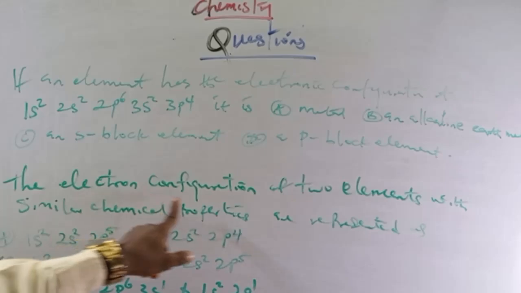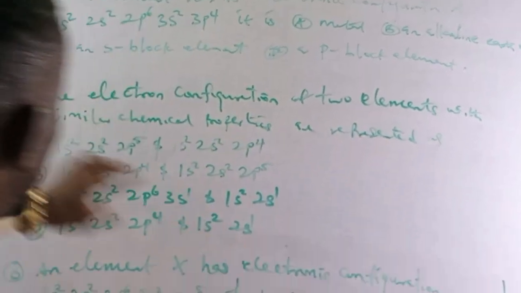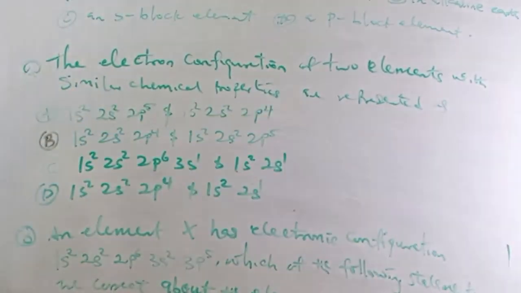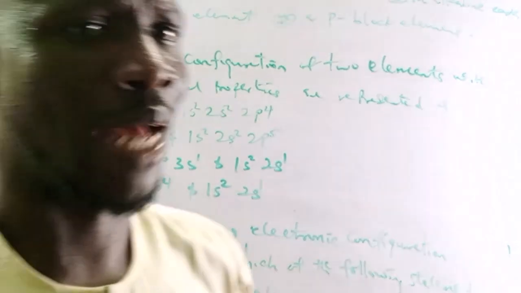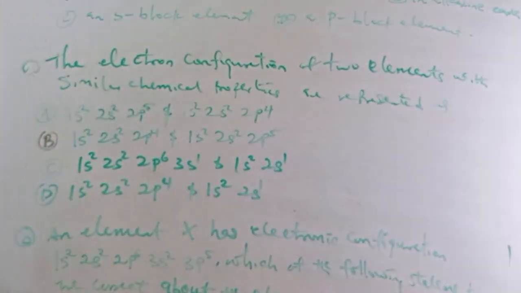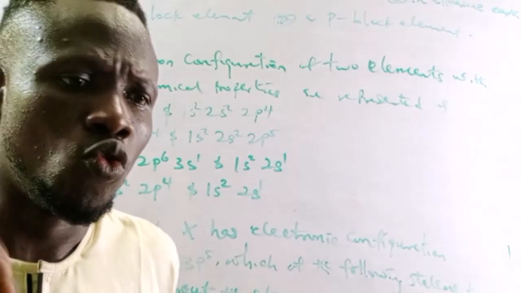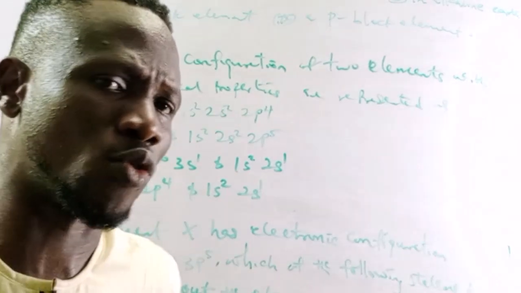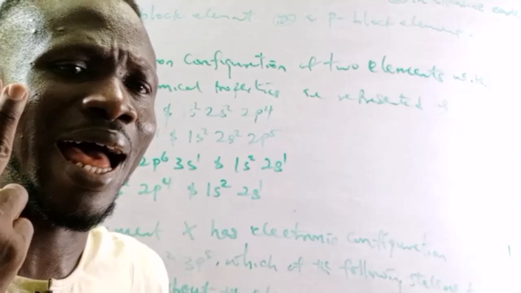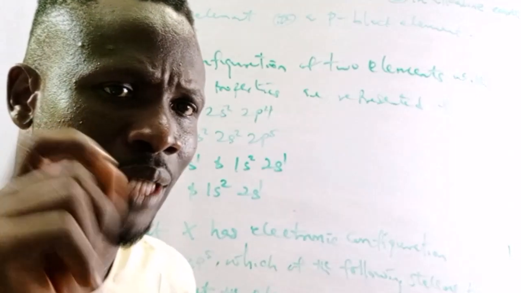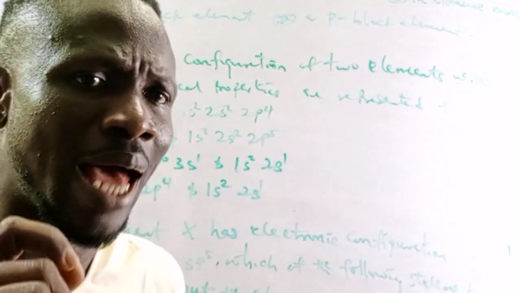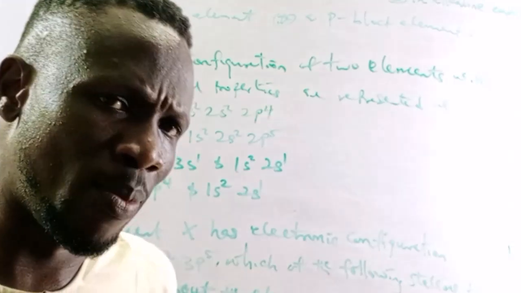Next: the electron configurations of two elements with similar chemical properties are represented as. Now take note again, please. If you belong to the same group, you have similar chemical properties. Any atoms of elements that belong to the same group have similar chemical properties. What does it mean to belong to the same group?